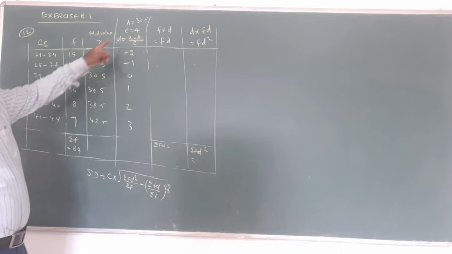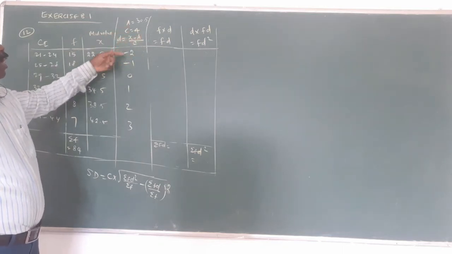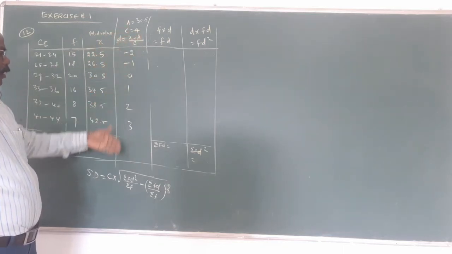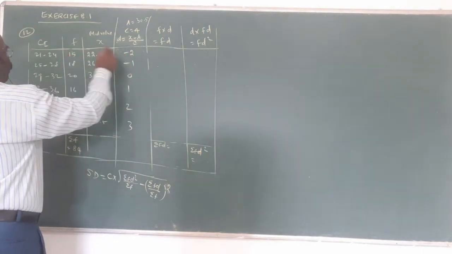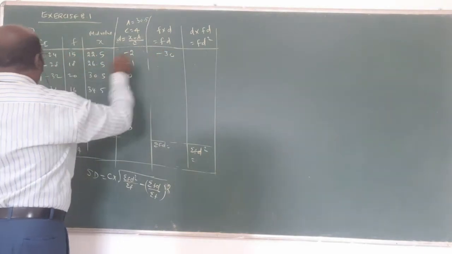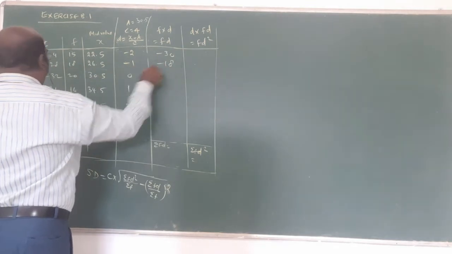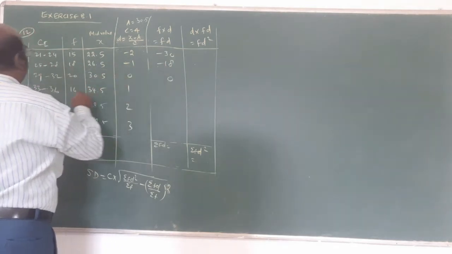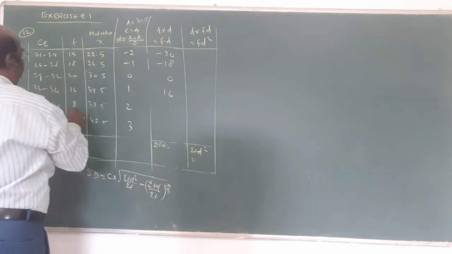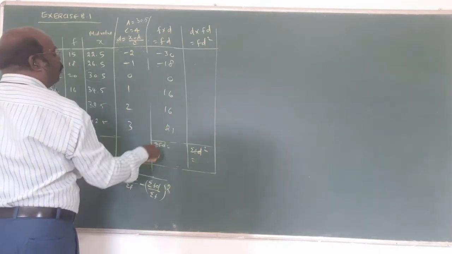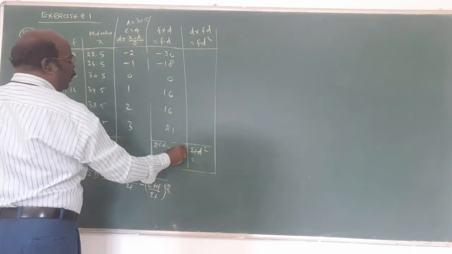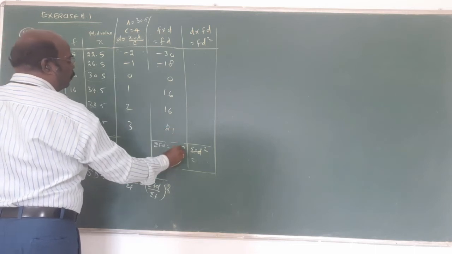Therefore, do the calculation only once. Now F into D: multiply F into D. Minus 30, minus 18, 20 into 0, 0, 16, 8 are 16, 21. What is all the positive numbers? 2, 13, 1, 3, 5.